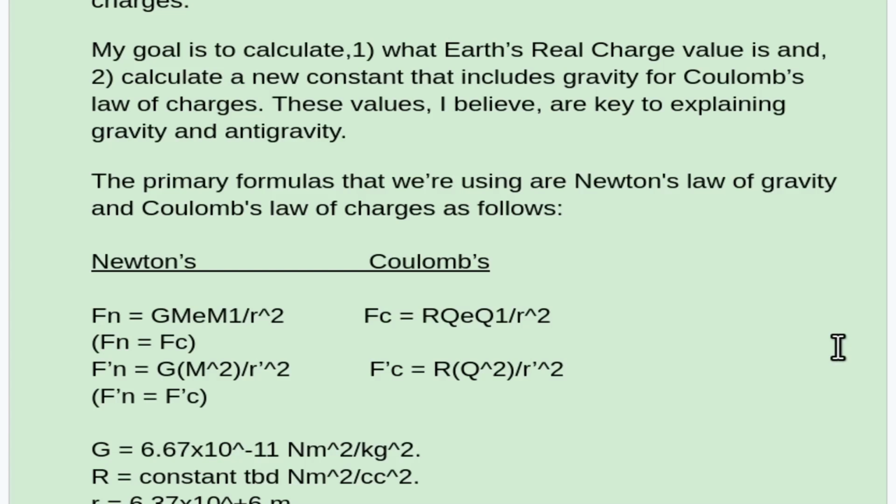Another variation, F'N, is Newton's constant times the same mass squared, divided by the distance between them. Same for Coulomb's F'C: Coulomb's constant times the square of a charge on the surface, divided by the distance between them squared. F'N equals F'C.